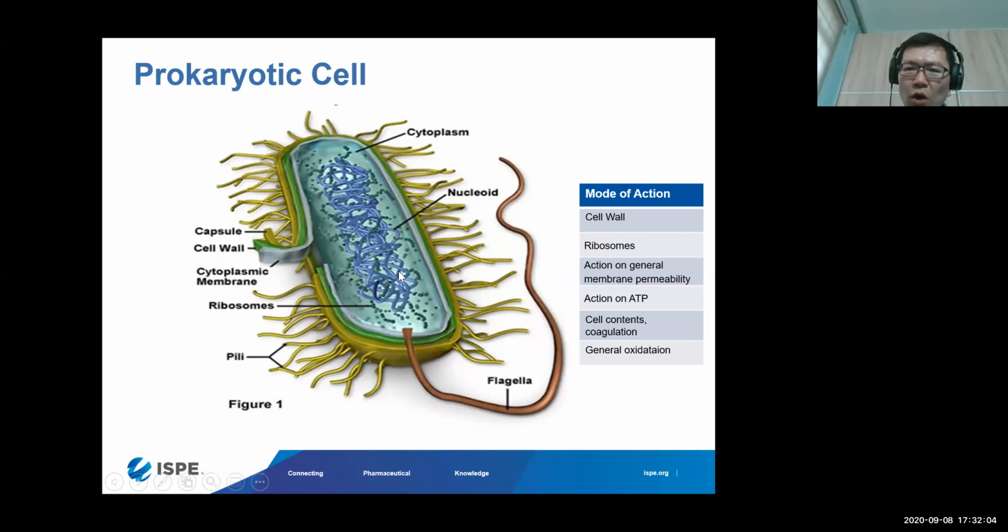If you have the alcohols, you can add on the general membrane permeability. So these are the different modes of action when you have different chemical disinfectants. These give you an idea that there are many ways of inactivating the bacterial cell depending on the type of chemical disinfectants that you're using.